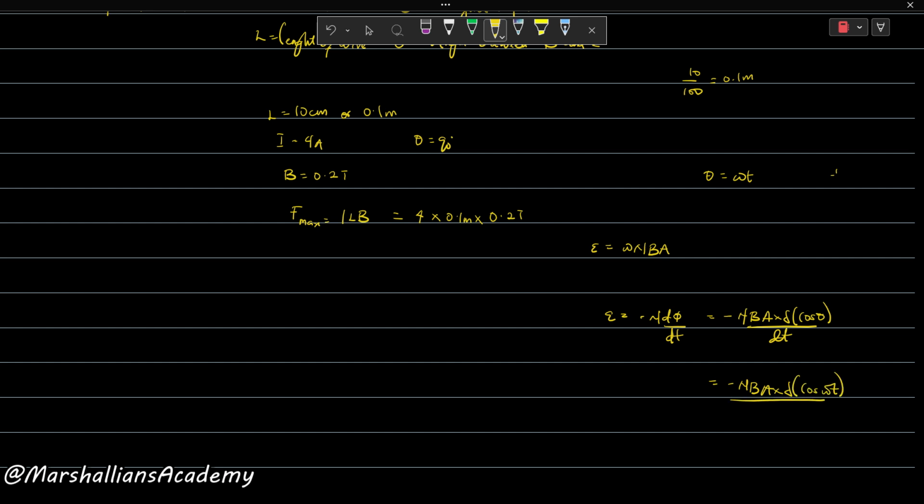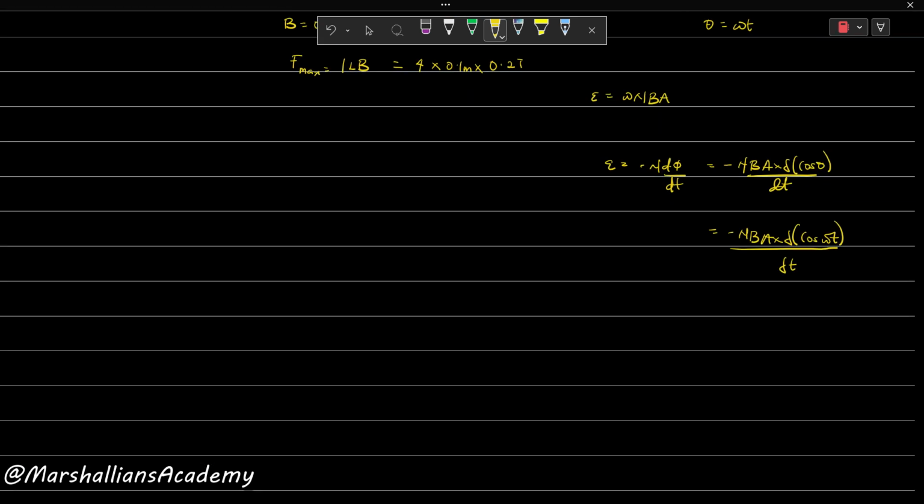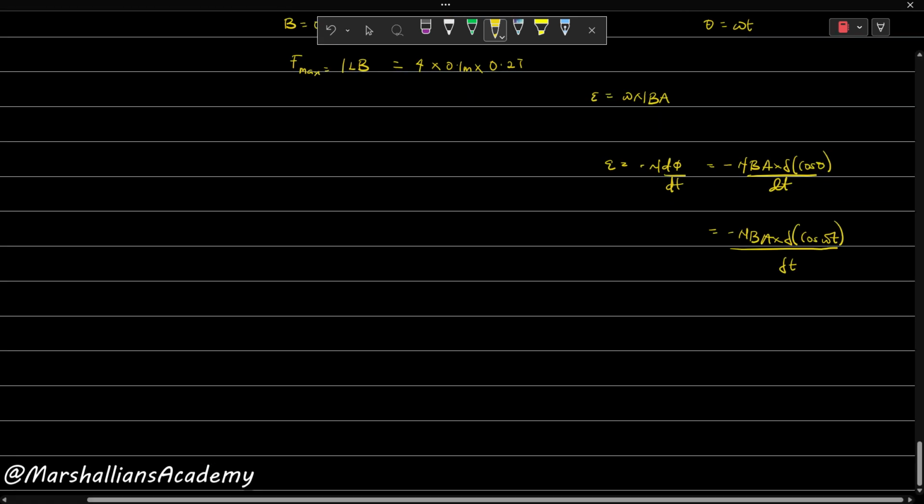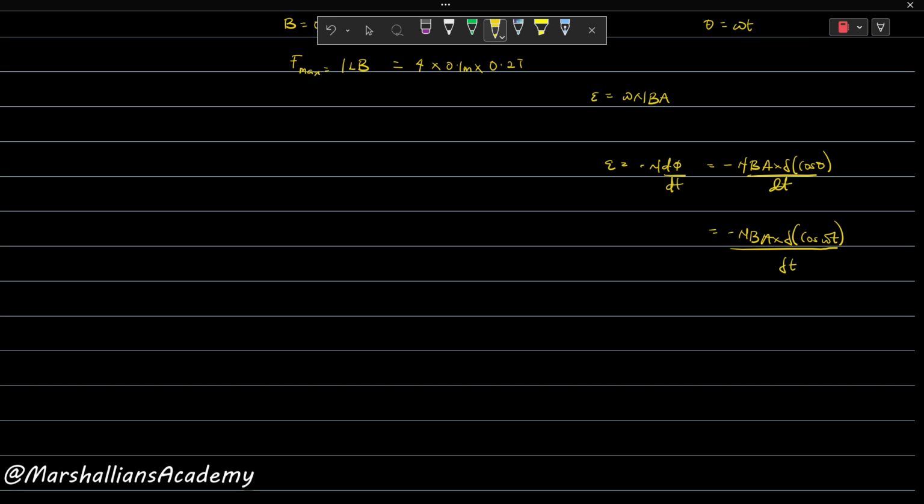This is very complex for that math. If you don't know how to do differentiation, just cram the formula. But we are almost there. Now, if you differentiate cos omega t with respect to t, first you have to differentiate the trigonometry, you have to differentiate the cos. So I'm going to be having negative NBA times, if I differentiate cosine, negative sine.